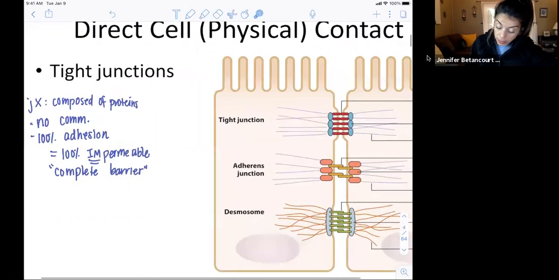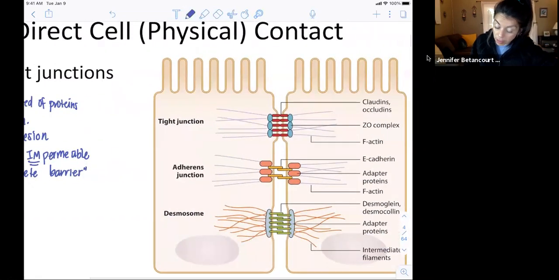So the types of proteins that make up these junctions are called claudins and occludins. Okay, so let's do it in red. Claudins and occludins.